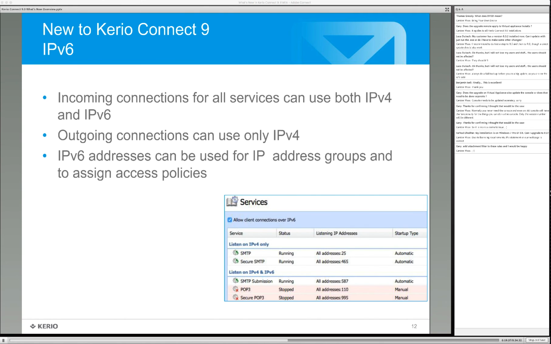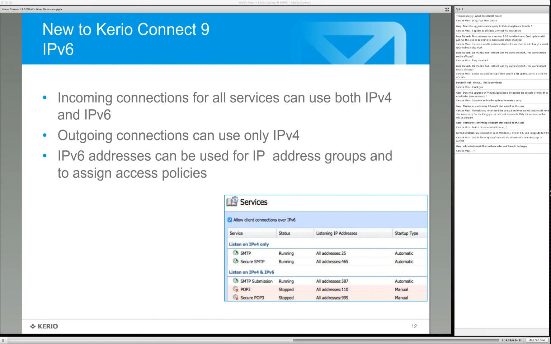So in Kerio Connect's administration, you can define various IP address groups for things such as access policies, for example, who has access to things such as remote administration of Kerio Connect. You can enable remote administration, but only from remote hosts who are in a particular IP address group that you specify.